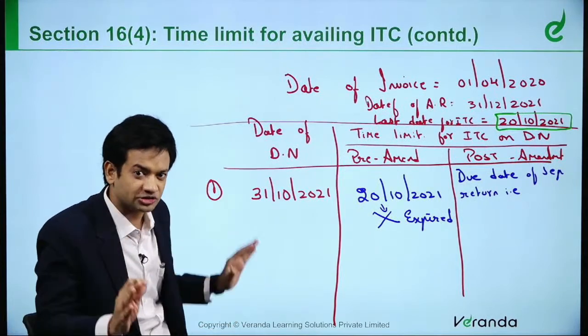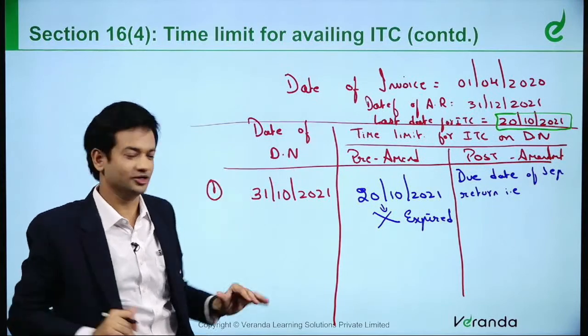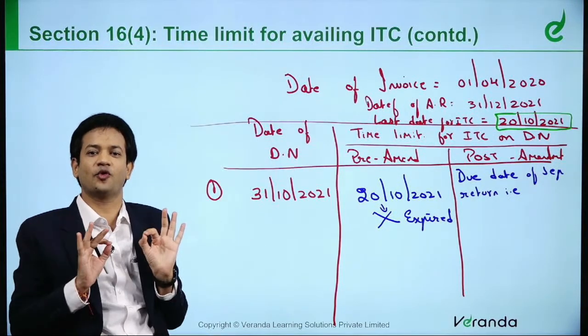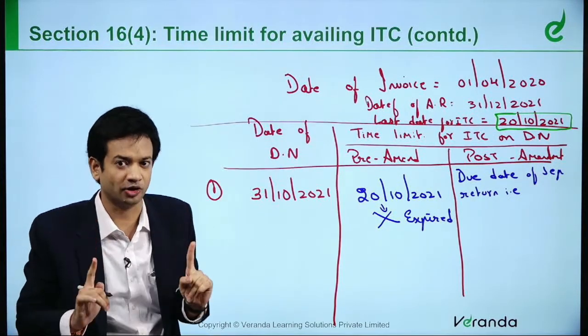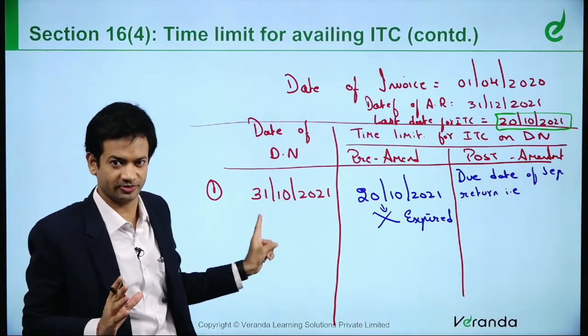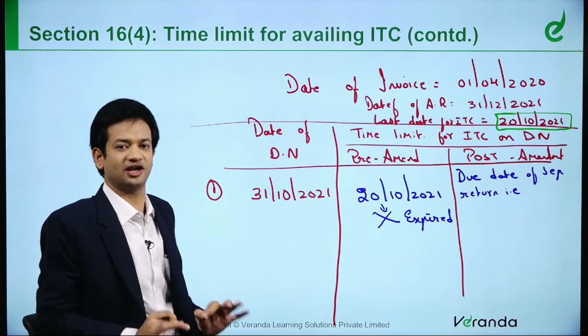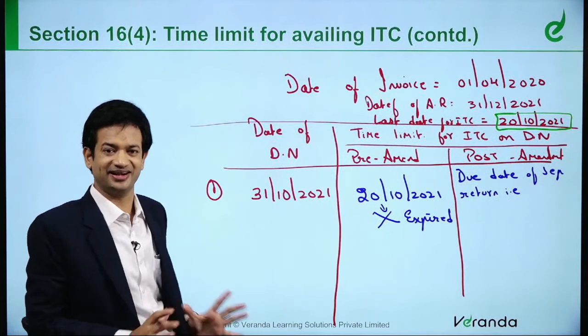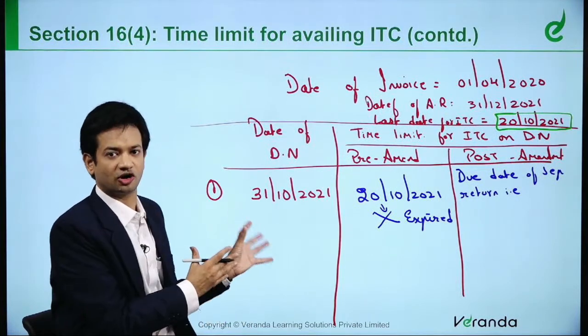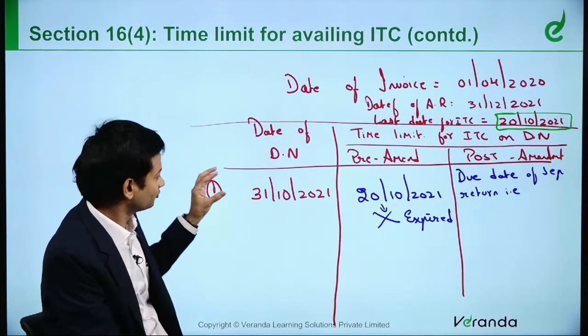Please note, post-amendment, this is delinked from the date of the original invoice. Simple. So based on this only I have to arrive at the time limit. Very simple amendment, but a very, very important amendment from the practical scenario. So yes, you can expect an exam question from this amendment, because from a practical perspective it was a big relief when this amendment came in. Many industries were wanting a clarification or amendment on this, right? So now only the date of debit note is important.